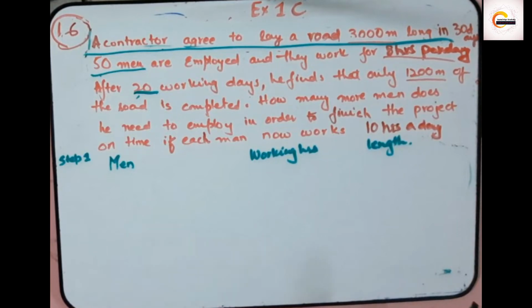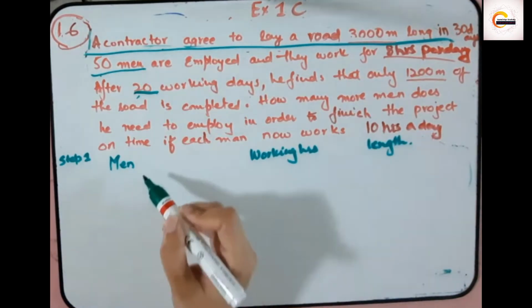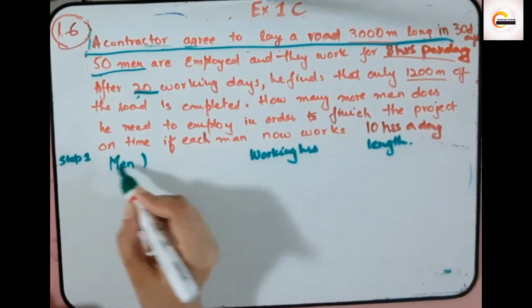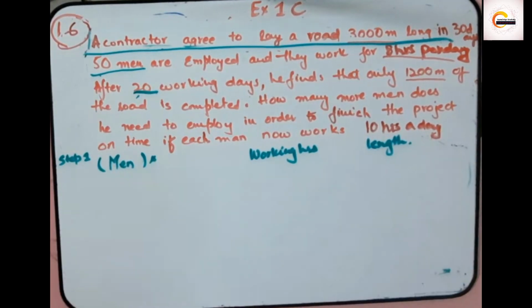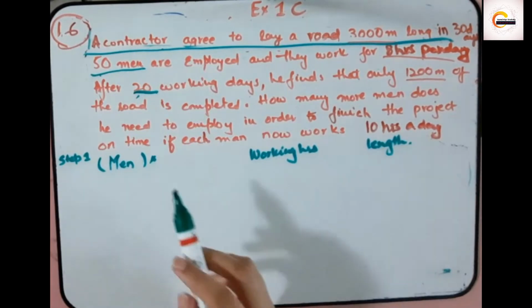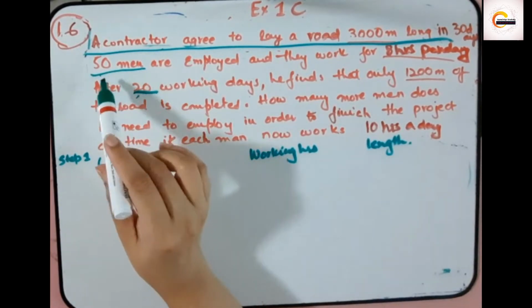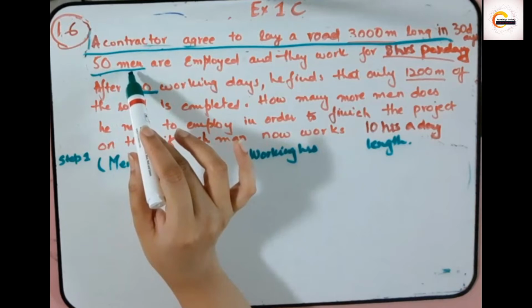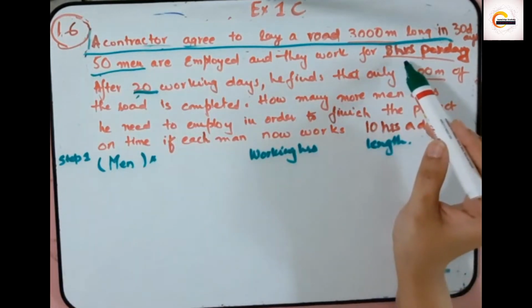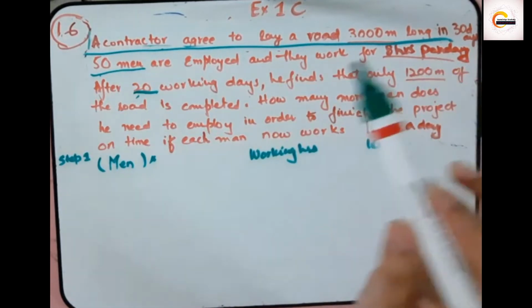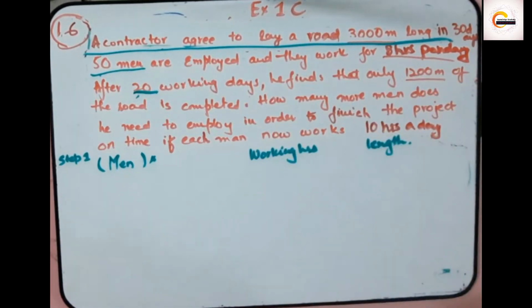So in this case, I'm going to keep men, this variable, constant, because we need to find out how much work 50 men have performed in 8 hours, and after that we will find out how many men we are required.